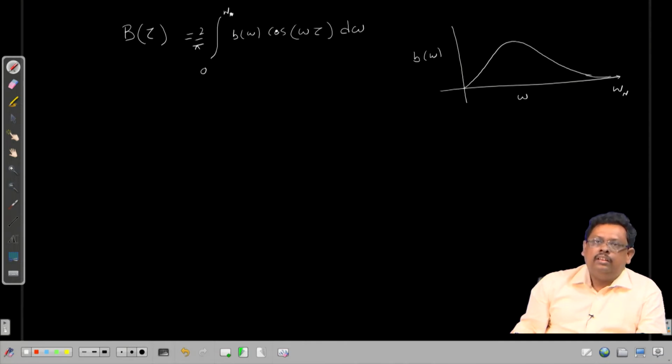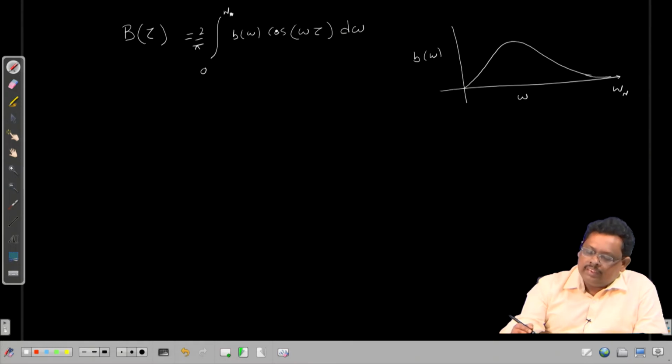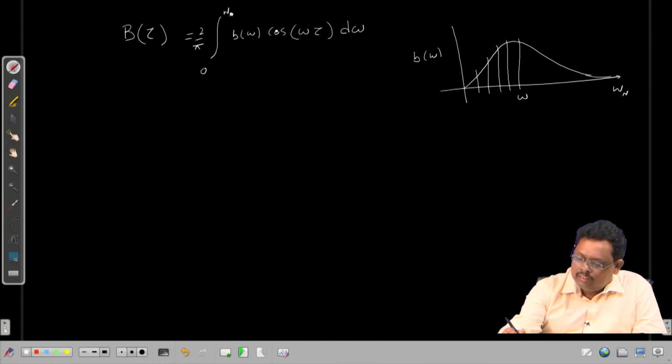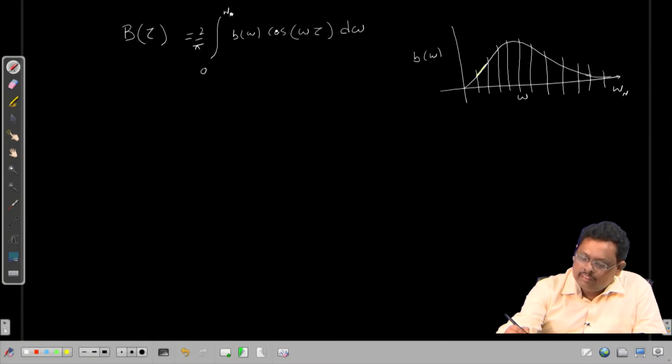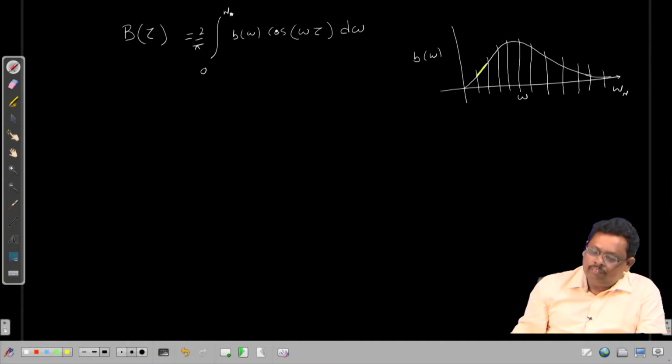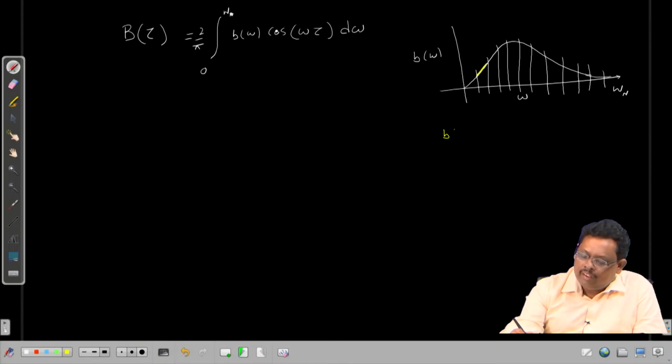What we discussed last class is that we split it into several sections, and within each section we assume this b(omega) graph is linear.